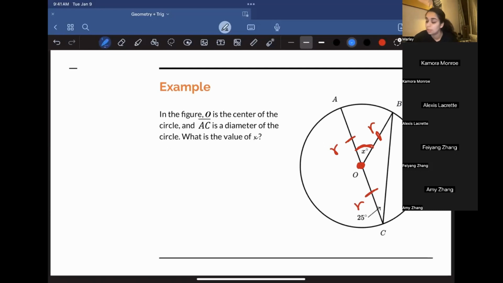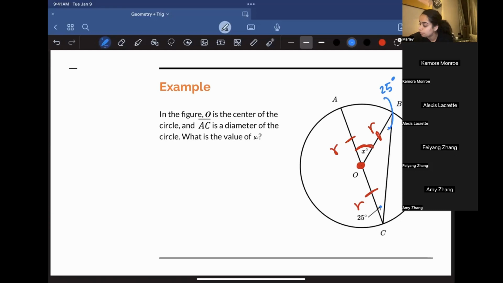Something we know is that we have an isosceles triangle, and this 25 degrees here is the same here, because it's isosceles, since both lengths are the radius.